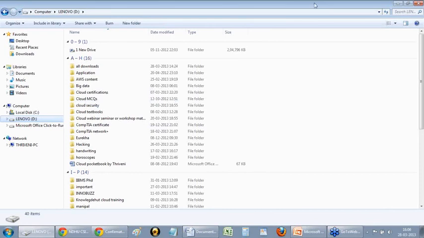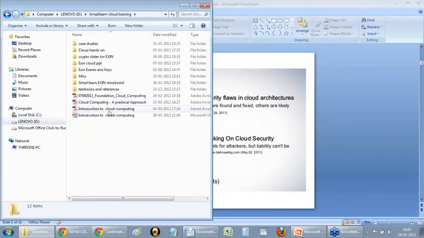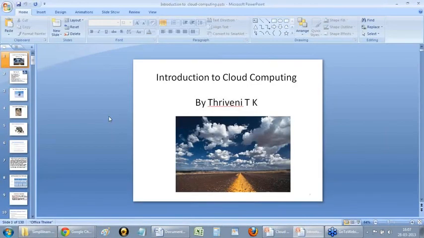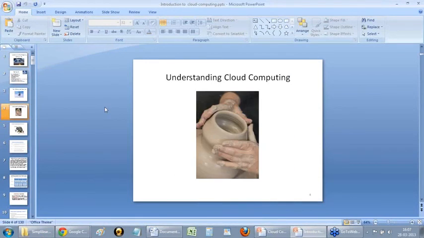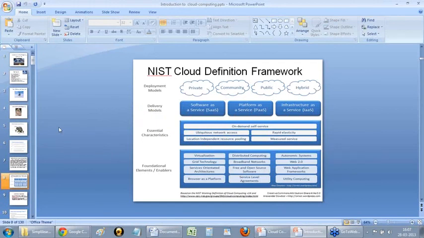The NIST definition, from the National Institute of Standards and Technology, says cloud has 5 important characteristics, the most important being on-demand self-service, which means that whenever anyone wants, anyone can access any service as long as they are connected to the internet. It has ubiquitous network access, meaning anywhere in the world, through any device, you can access anywhere, anytime.